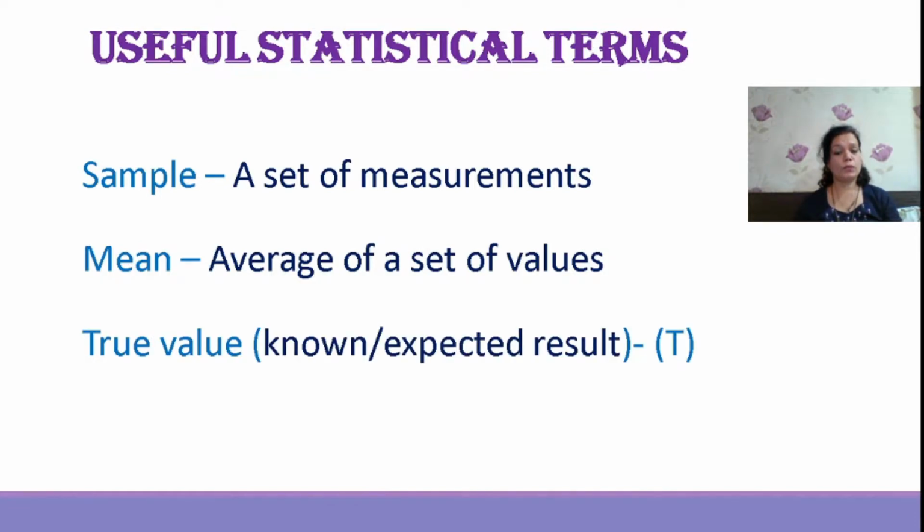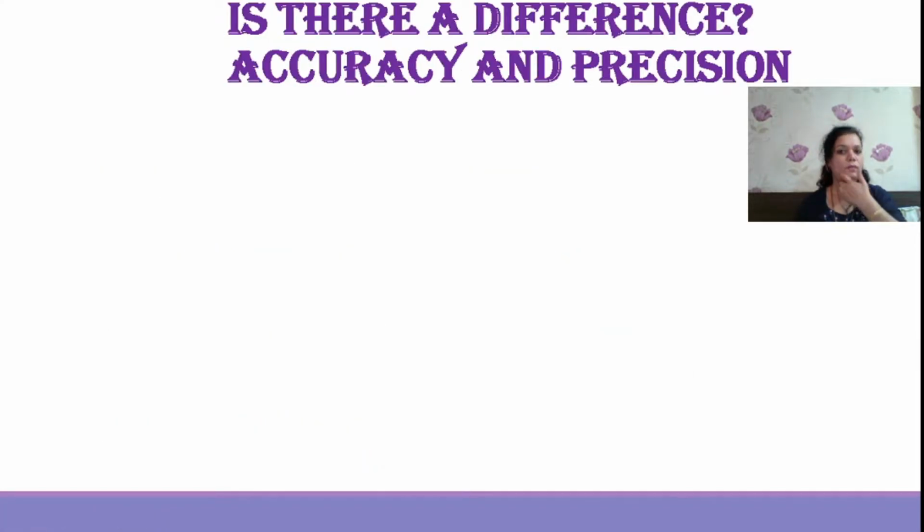The term true value relates to some standard you utilize, or for a particular method you want to follow, you want to check whether it is giving the correct result by the instrument. So the true value or the known concentration is known to you. In that case, I can utilize the term true value. And when I am performing any analysis and observe the data, that is the observed value.